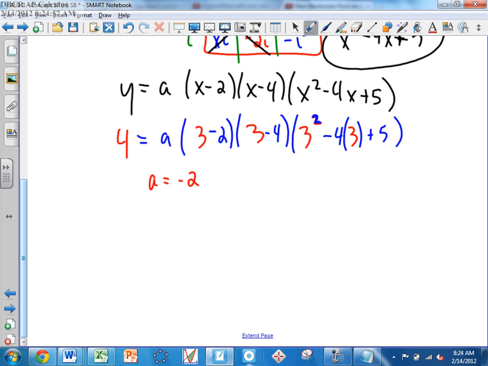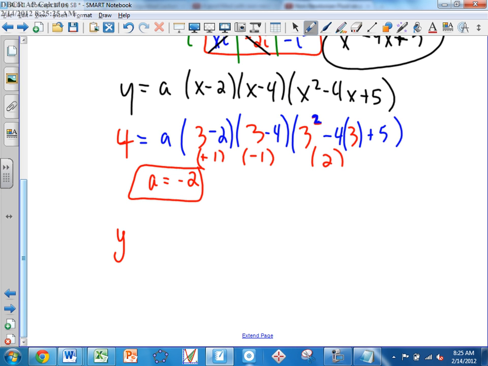Again, let's go quickly through in our heads. This is negative 1. This is positive 1. This is negative 1. This is 9 minus 12, which is negative 3. Negative 3 plus 5 is positive 2. So you're going to end up having a positive 2 here, and you have a 4 over here. 4 divided by, I'm sorry, negative 2. 4 divided by negative 2 is still negative 2.